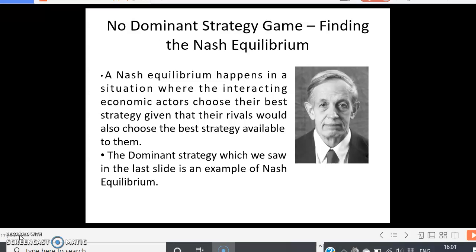They are not going to look at their rivals, because after all, this is a simultaneous game, like rock, paper, scissors. As a player, I will decide whether choosing rock, paper, or scissors is the best for me. And when each player in the game does this, we arrive at an equilibrium which is termed as Nash equilibrium. It could be a dominant strategy equilibrium. It could be a no dominant strategy equilibrium.